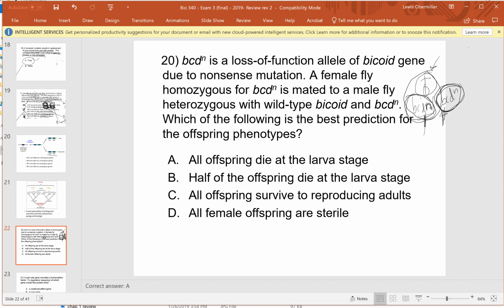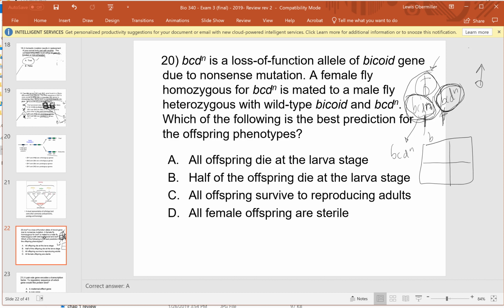Alright, so the male fly is heterozygous, so we can just do a Punnett square. We have BCDN from this female. That's all she can produce, so we don't have to write it in here.